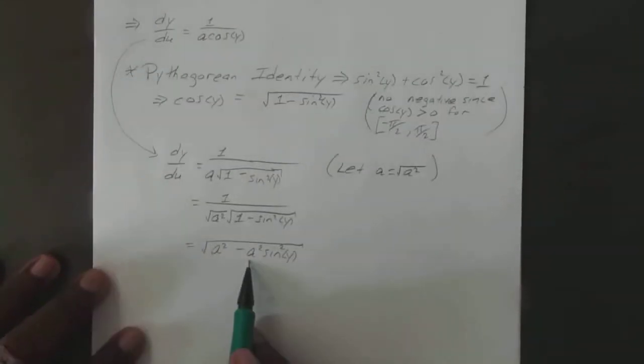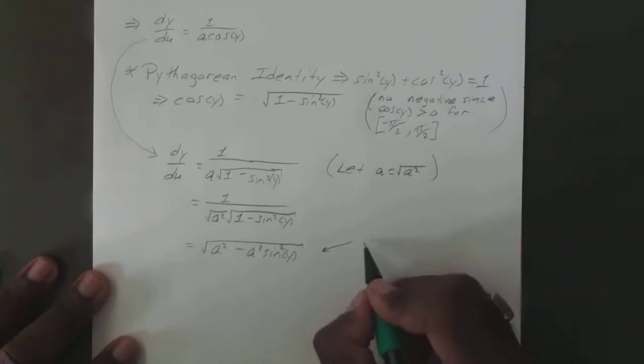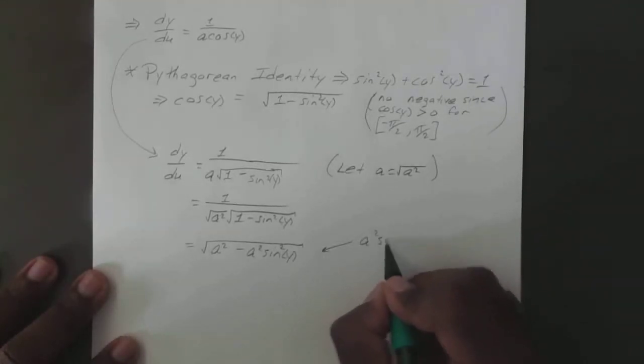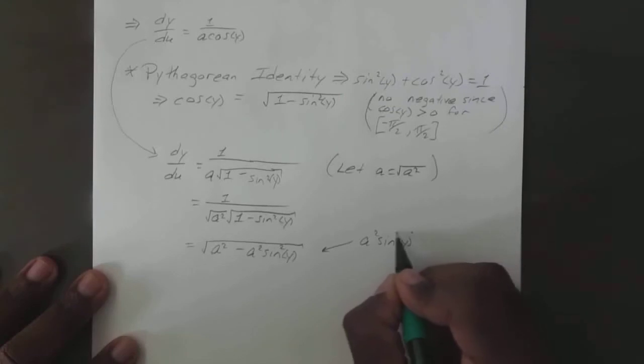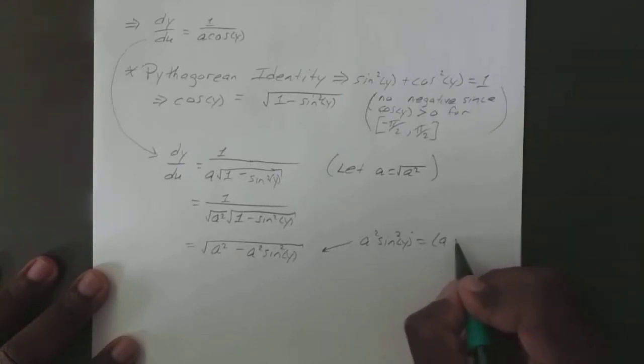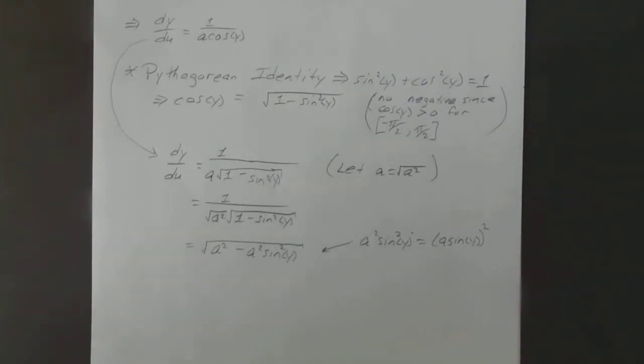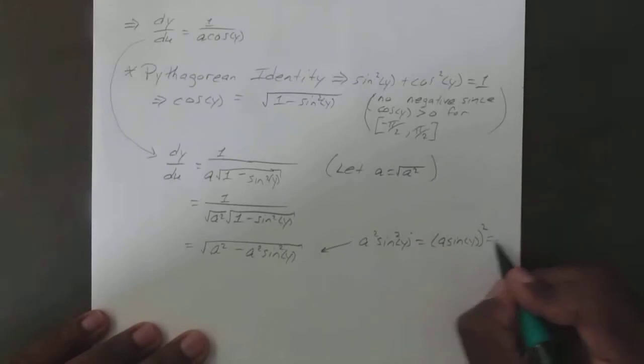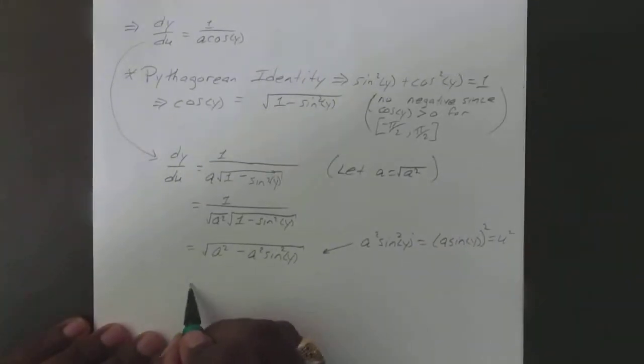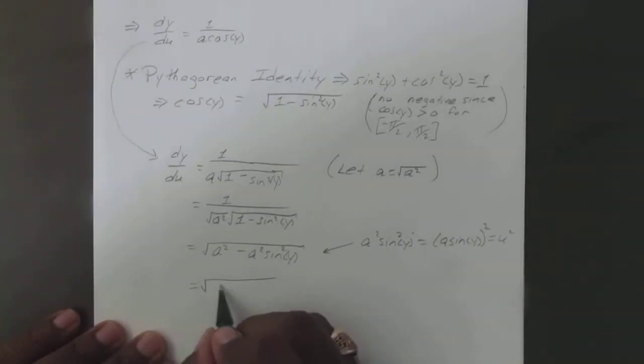Okay, so if you remember, right at the very beginning, our u is equal to a sine of y. So this a squared sine of y squared is just a sine of y squared, which is basically just our u squared.